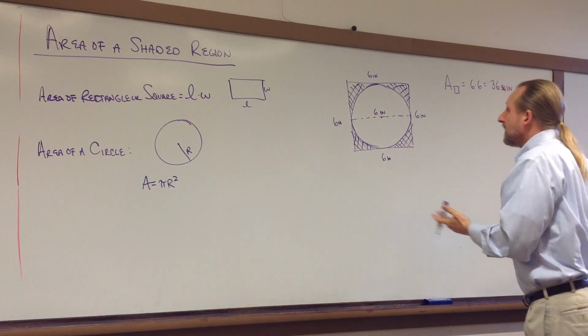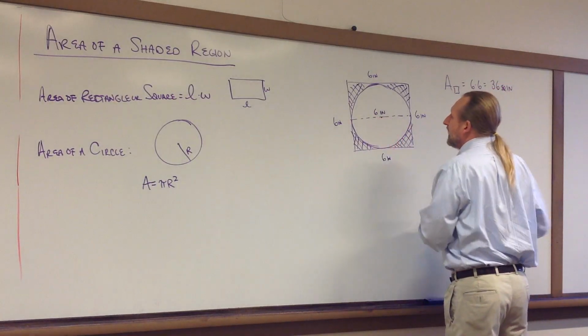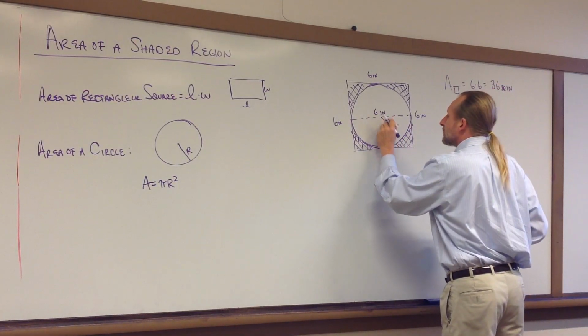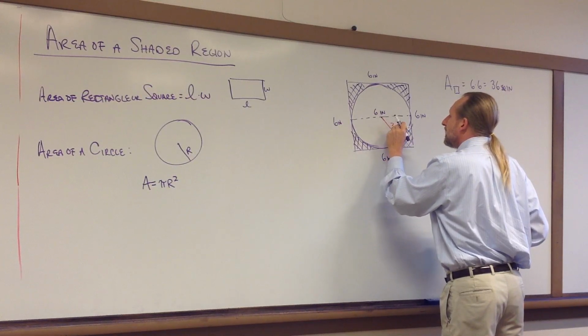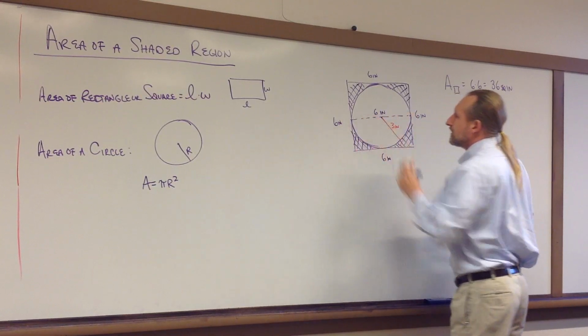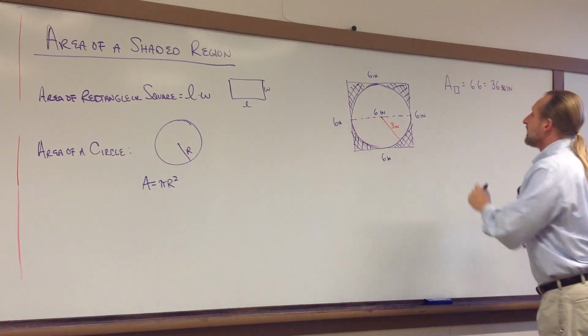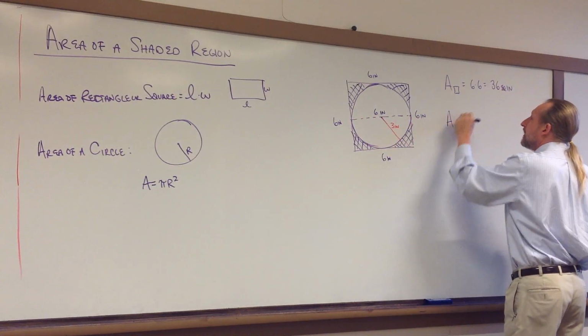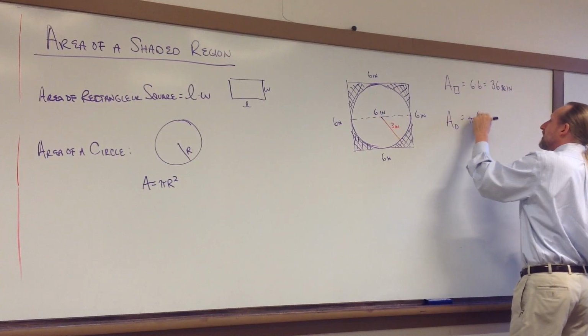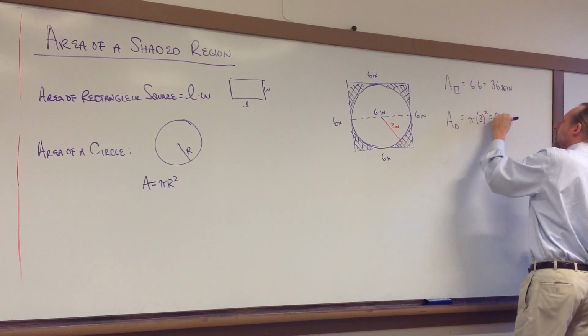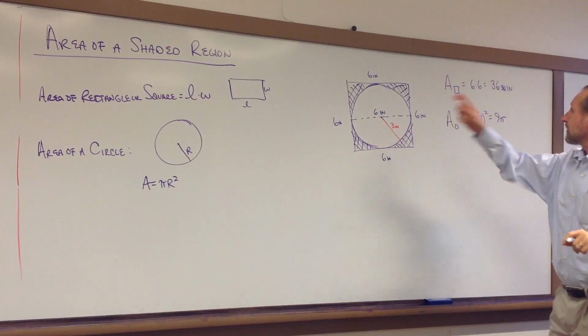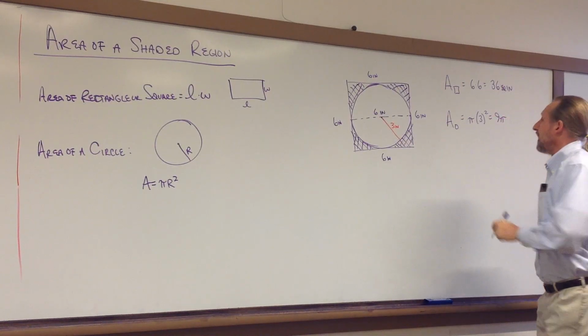Now, if we want the area of the circle, then we need the radius, which is always going to be half of that distance all the way across, right? So if it's 6 inches all the way across, that says that our radius is going to be 3 inches, and the area for the circle is going to be 9 times pi.